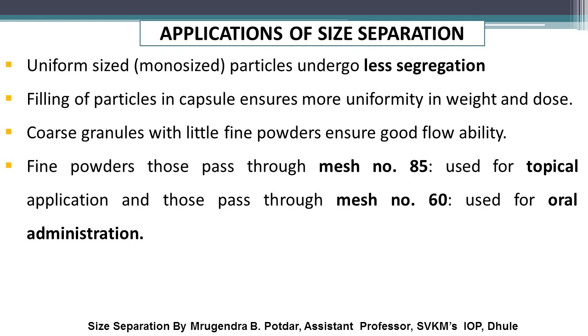While if the number of apertures is 60 in 1 inch in that sieve, then it is called sieve number 60. So those particles that pass through sieve number 85 are called fine particles for topical applications, and those particles that pass through sieve number 60, which is used for oral administration, are considered fine powders.